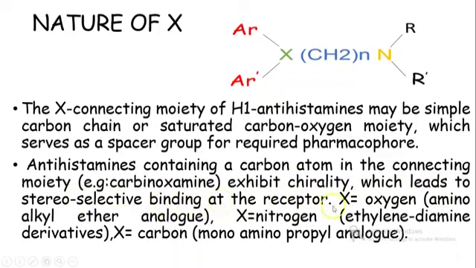Antihistamines containing a carbon atom in the connecting moiety, example is carbinoxamine, exhibit chirality, which leads to stereoselective binding at the receptor. If X is equal to oxygen, then the compound is known as amino-alkyl ether analog. If X is equal to nitrogen, then it is known as ethylene diamine derivative.